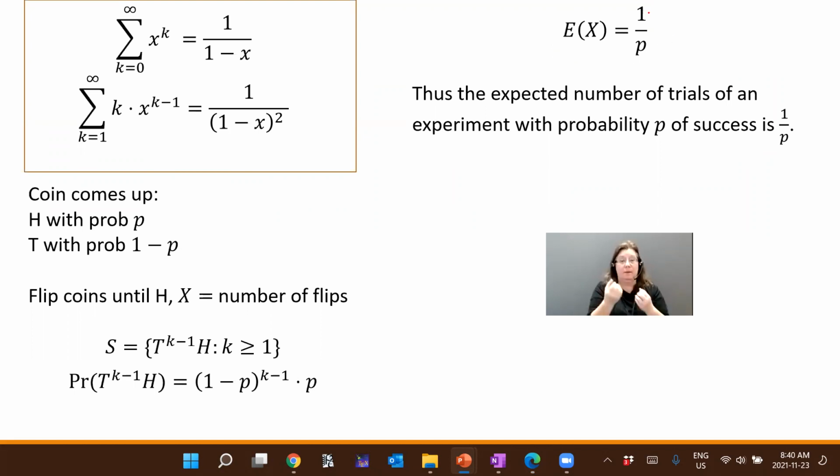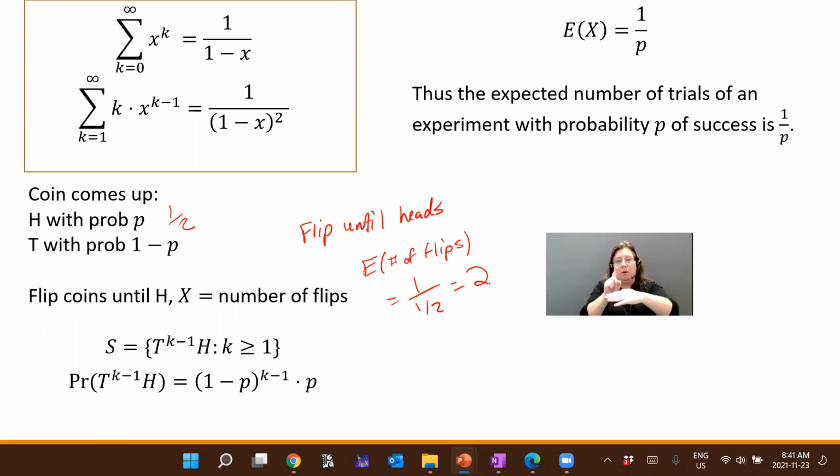So for instance, if I flip a coin with probability 1/2, flipping until heads, then I would expect the number of flips to equal 1 over the probability of success, which is 1 over 1/2, which is 2. So I would expect to flip the coin twice on average before I saw heads.